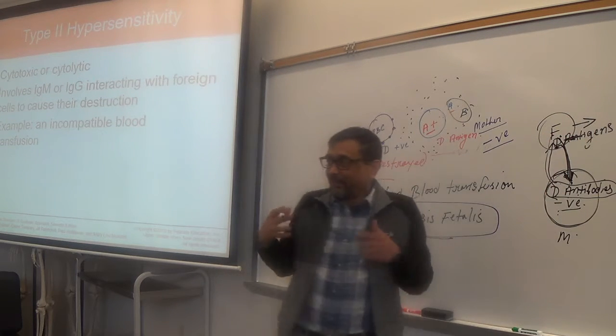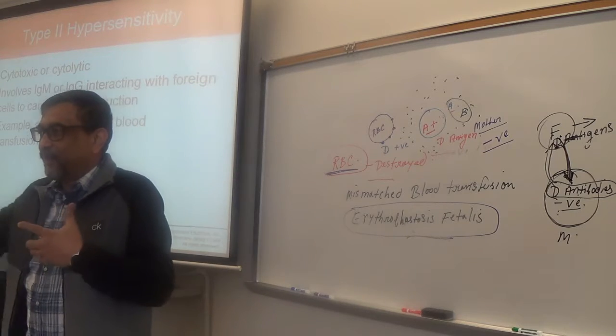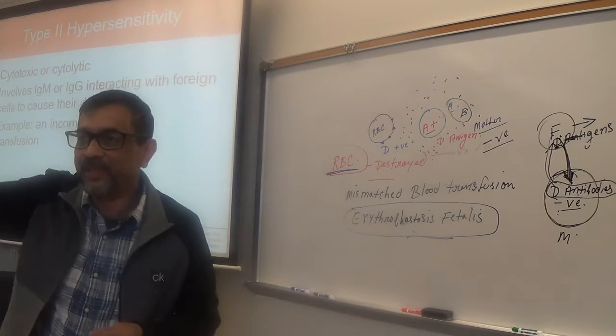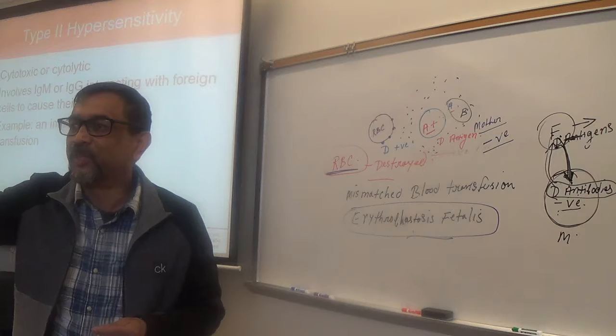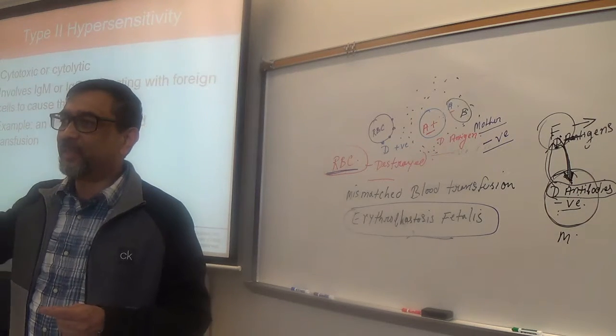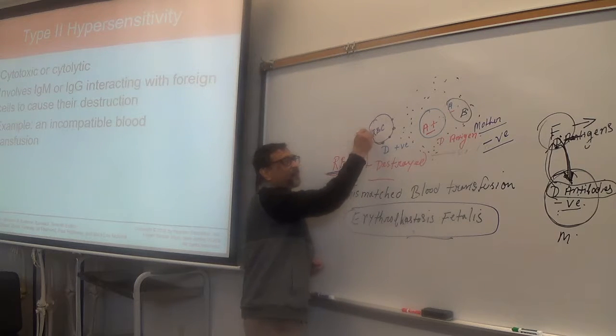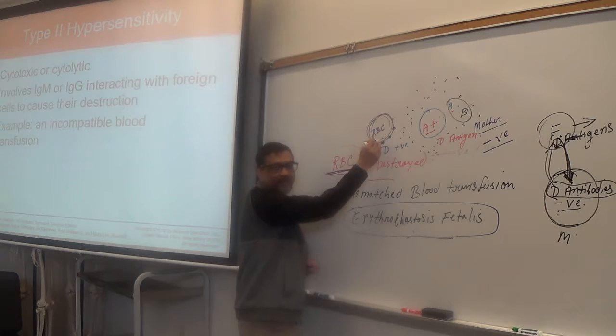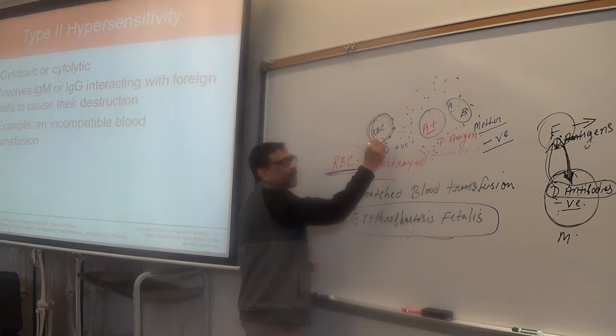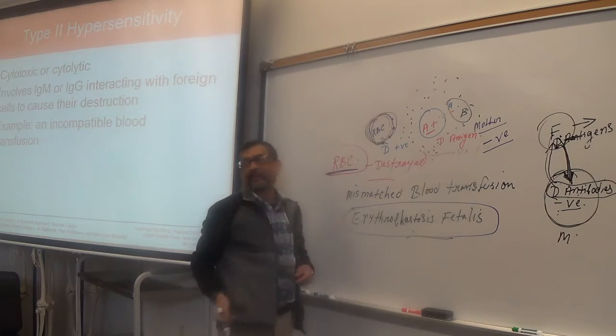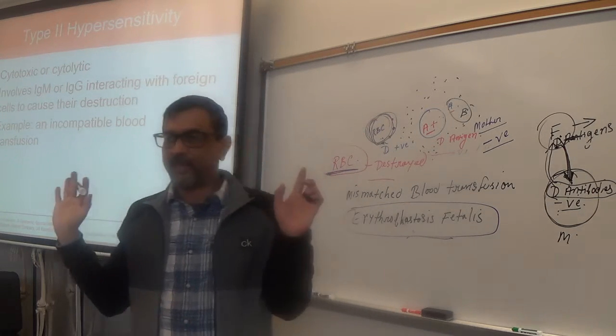So the D antibody that has been developed over time will go to the fetus body and will destroy the red blood cells. Destroying D antigens means destroying the red blood cells, because it is located on the membrane of the red blood cell. Make sense?